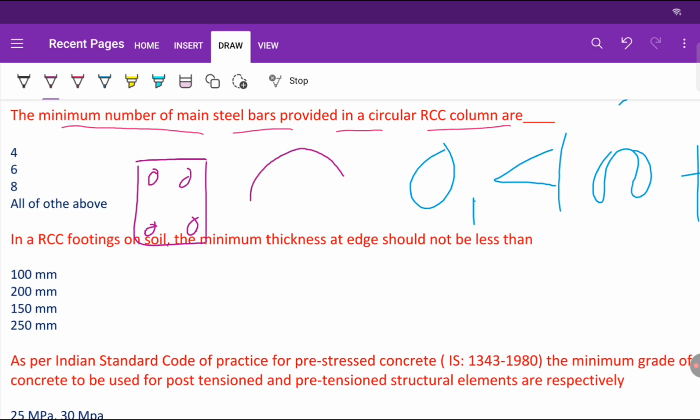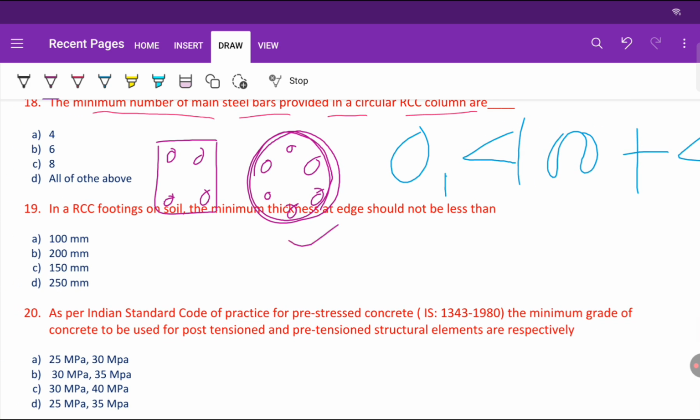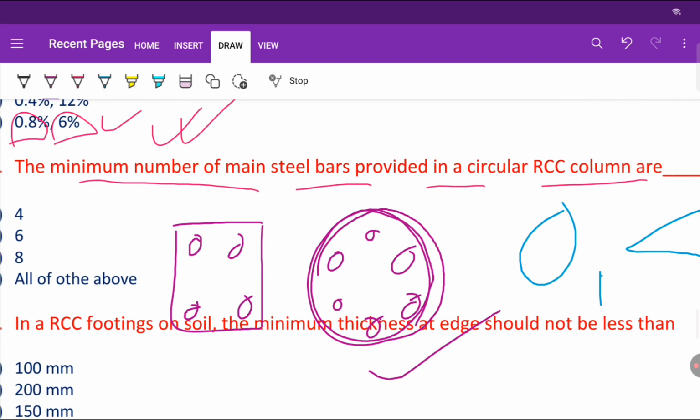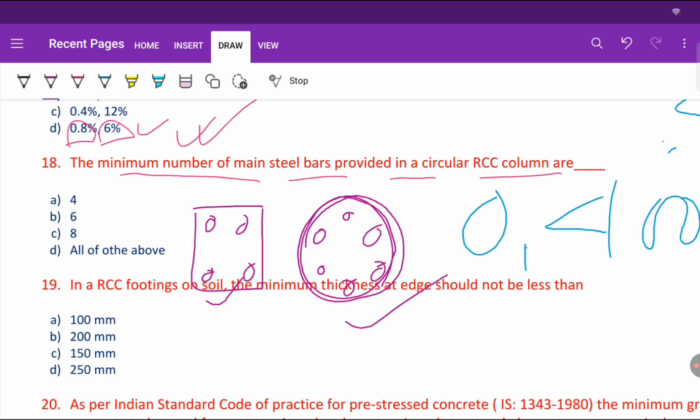And for a circular column we have to provide minimum 6 bars. So the answer is 6.